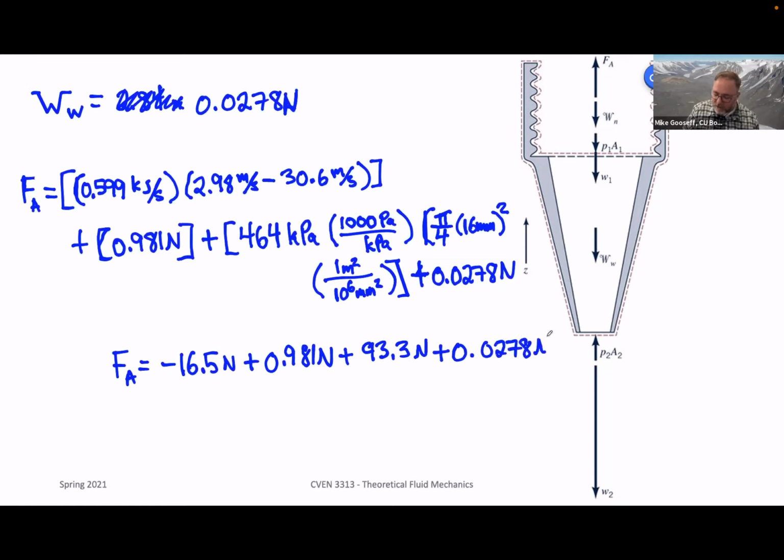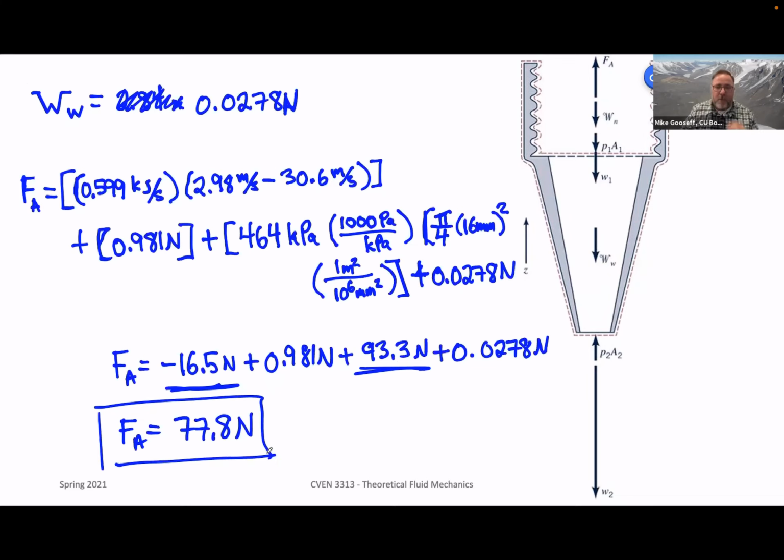The weight of the water and the weight of the nozzle didn't have much to do here. The biggest were the momentum exchange and the pressure force. So F_A comes out to be 77.8 newtons, and because it's positive, that means that it is acting in the upward direction.